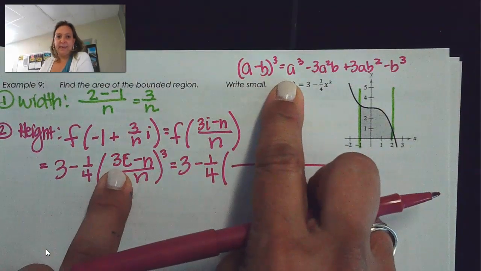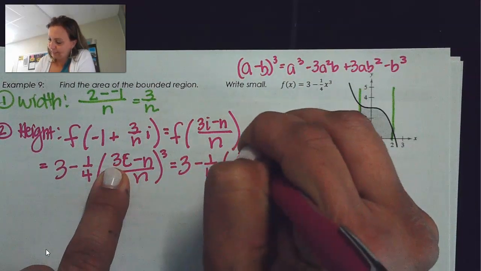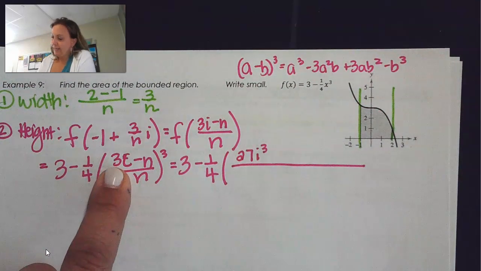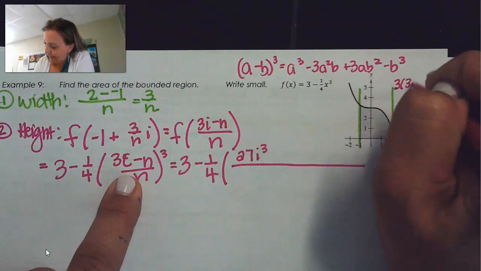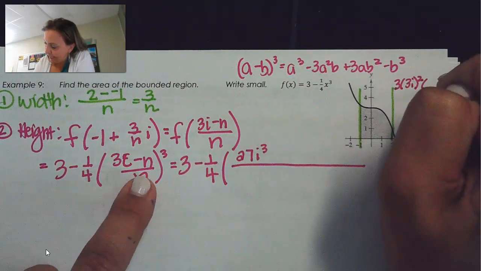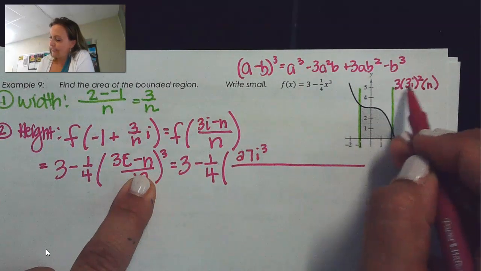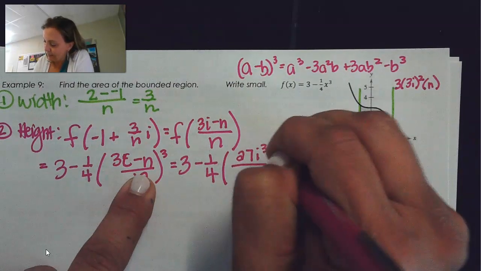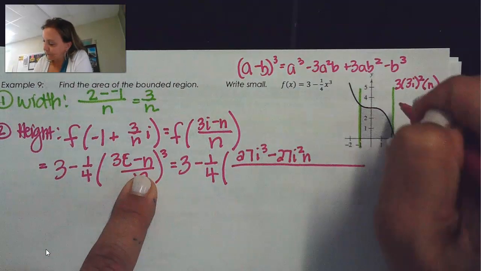And so if I take this, I'm going to think about this as my a. So 3i cubed would give me 27i cubed. Okay. Now I'm going to take 3 times 3i squared times n. So that's going to be 3 times 9i squared, so 27i squared times n. So minus 27i squared n.